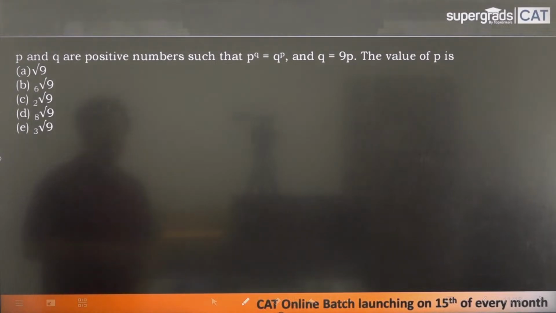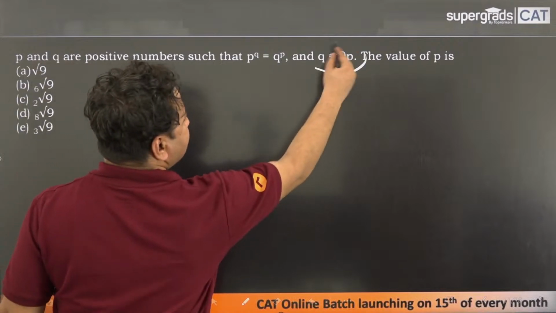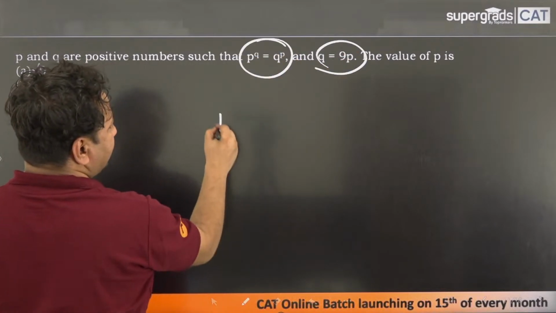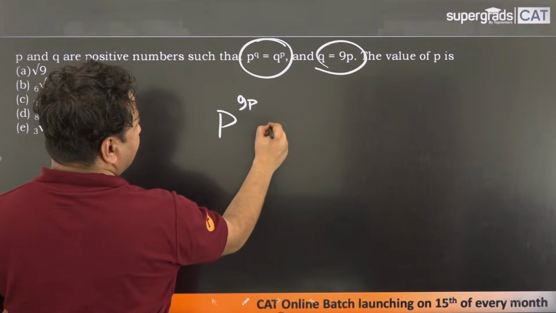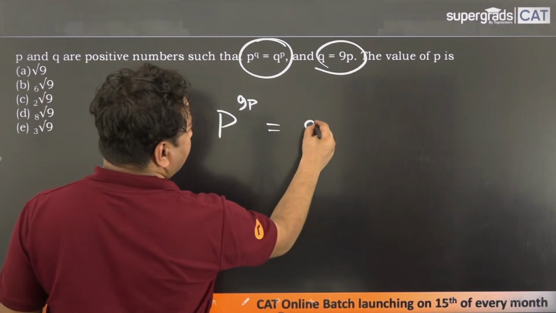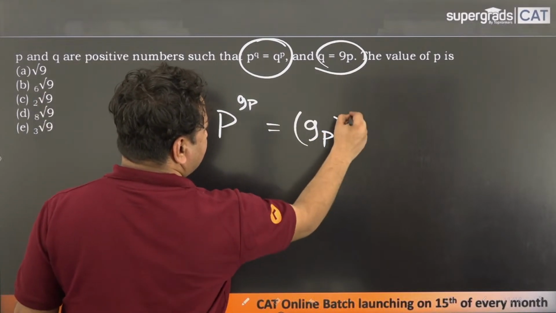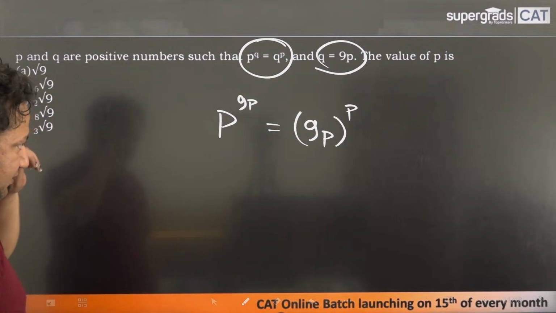I think this one is an easy question. Q is 9P. Let's put the values here. So I'll get P to the power 9P is equal to 9P to the power P. That is how it looks.